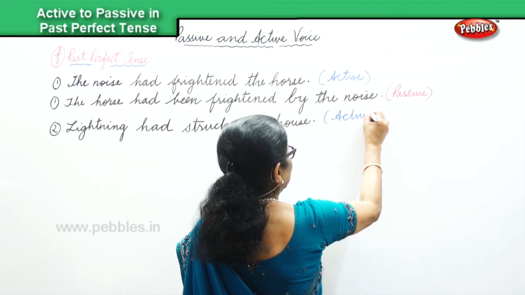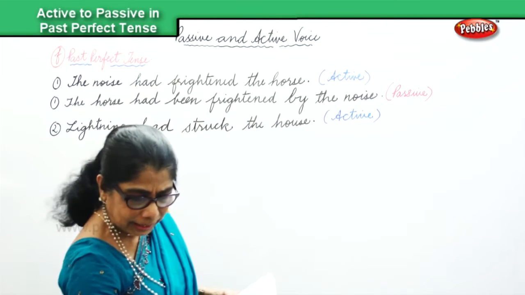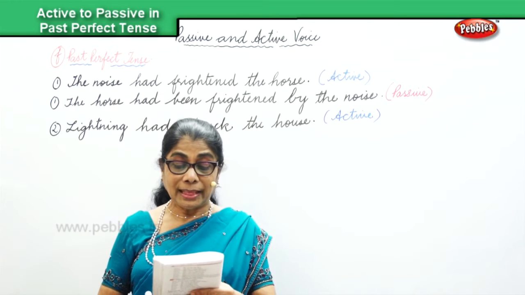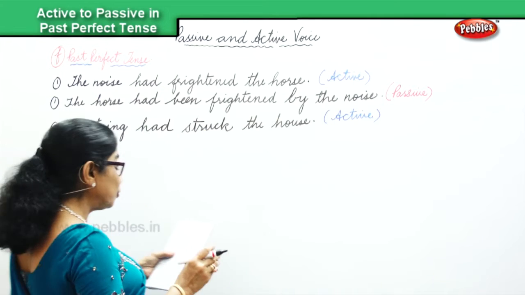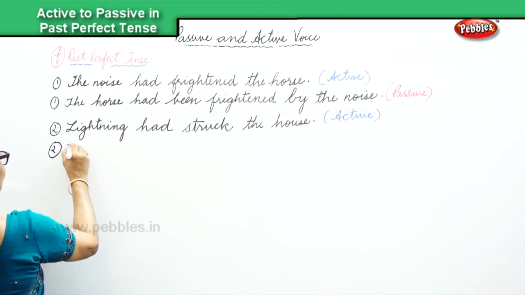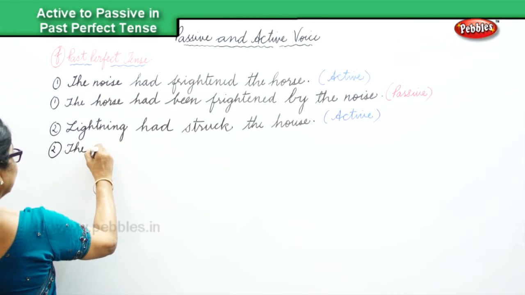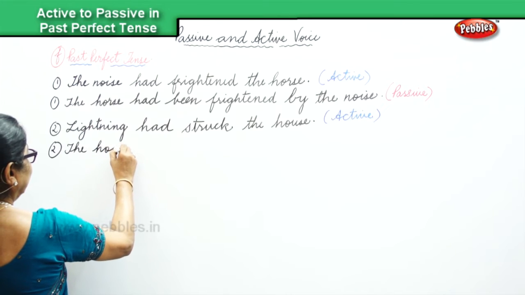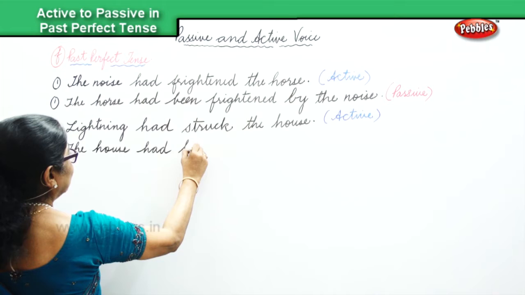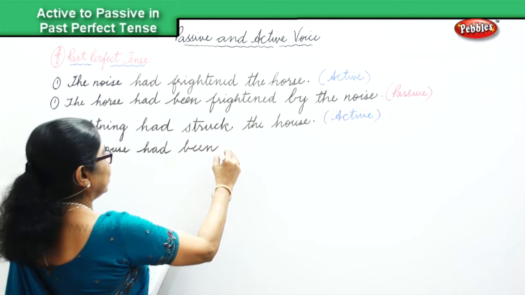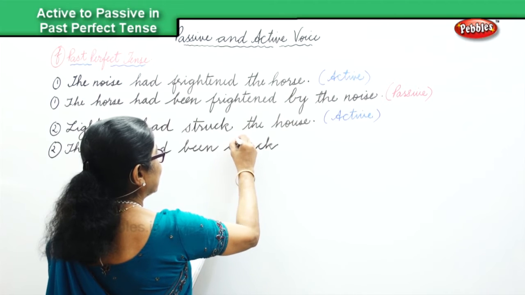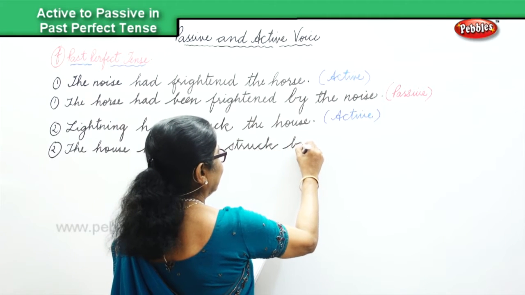Now we are going to change this active into passive voice, keeping in mind past perfect tense. The house had been struck by the lightning. Yes, very good. The house had been struck by the lightning.